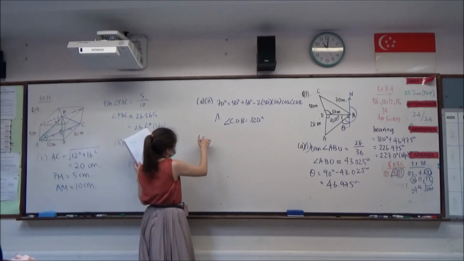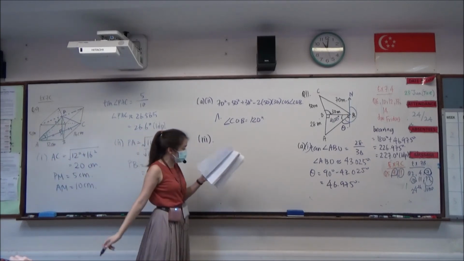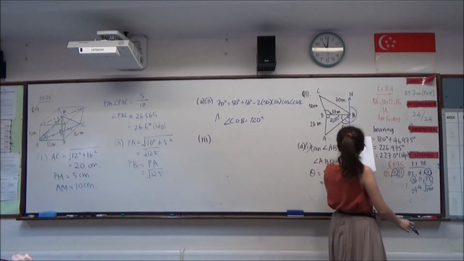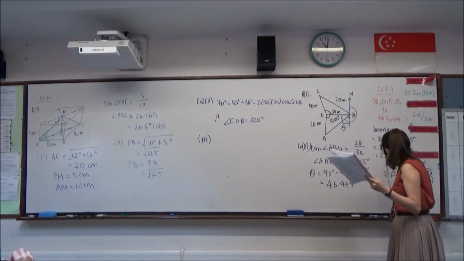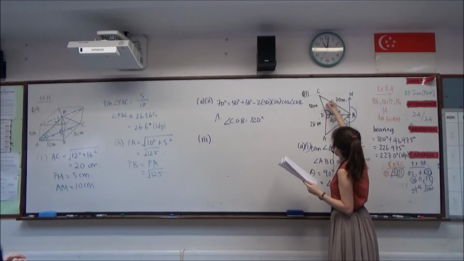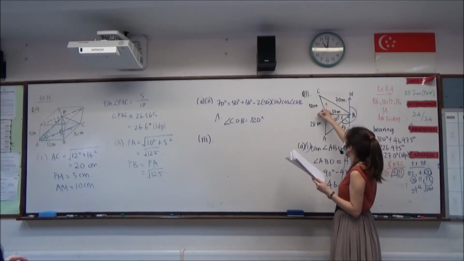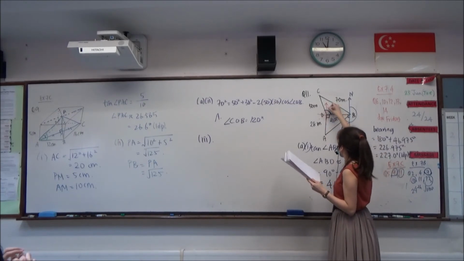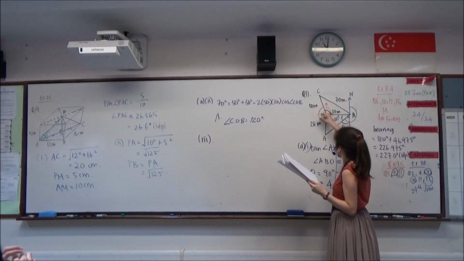Then part 3, we want to find the bearing of C from O. So at O, we will have a north line. C from O means we are looking for this angle here.